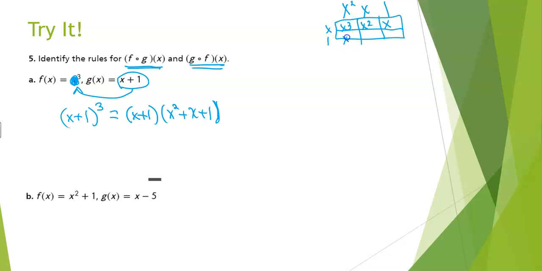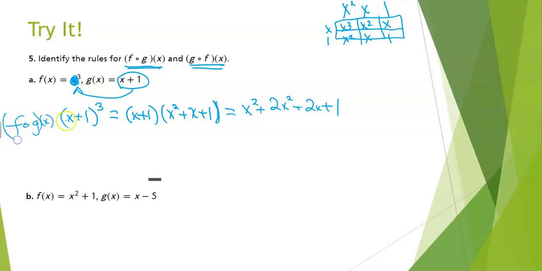And that's x squared, x, I should make my box a little bigger. So this is the same thing as x cubed plus 2x squared plus 2x plus 1. All right. So that's f of g of x.